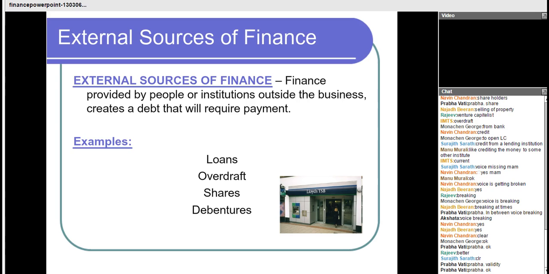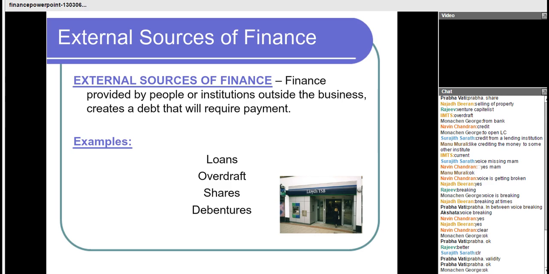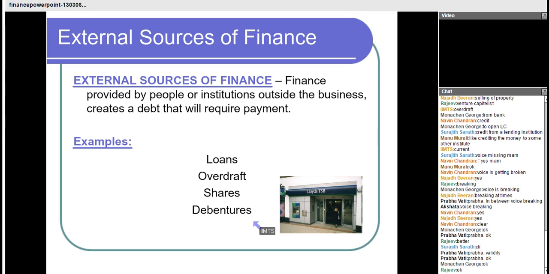Okay? That 1 lakh is offered to you by the bank, and you need to pay interest on that excess 1 lakh rupees which the bank is providing to you. So the overdraft limit is set according to the size of the business and the number of transactions it is holding in a month. Alright?